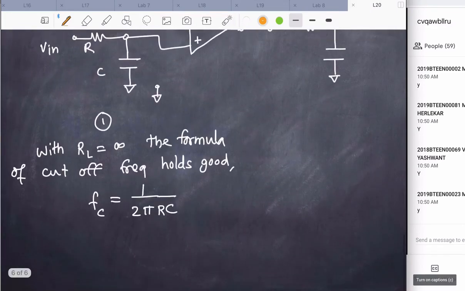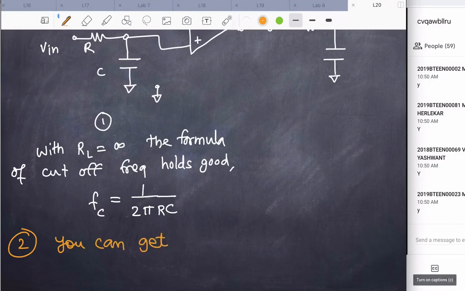Second advantage is that you can get whatever gain we desire, gain meaning more than one, if we use op amp. It means if you want to amplify the signal, you can do that.